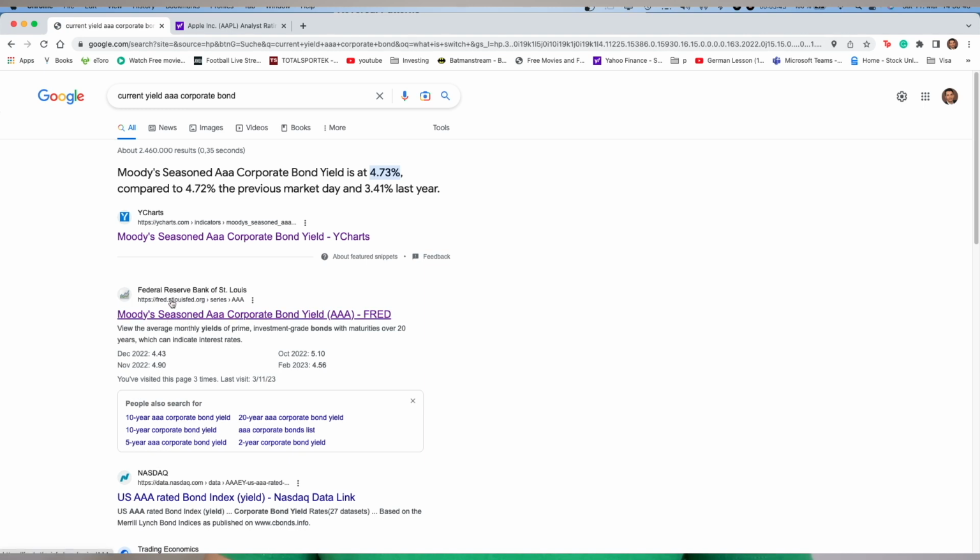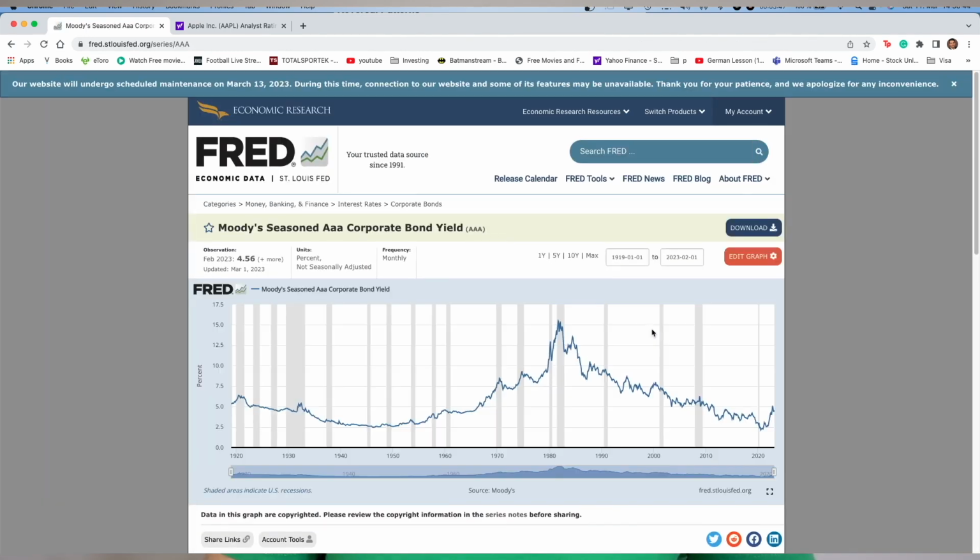Here we have the Federal Reserve Bank of St. Louis, and here we can see that this value changed very abruptly. For example, in 1981 this value was the highest at around 15, and as you can see it has been going down since then, and it reached the lowest value of around 2.25 in 2020.